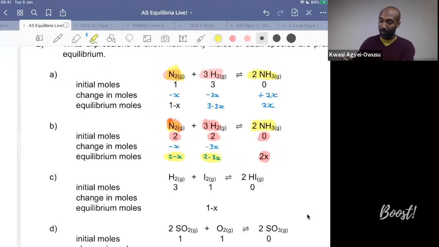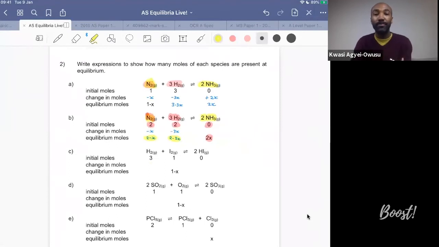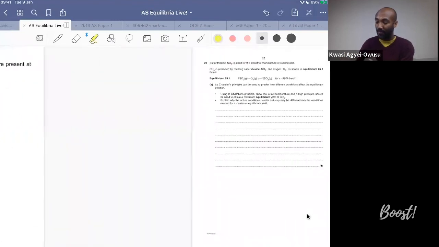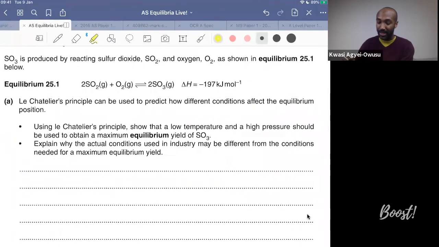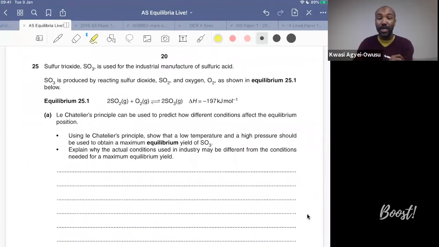Okay, so let's apply what we've just been looking at to some actual exam questions. Let's see what sorts of questions we will be faced with in an actual OCR exam. Now, this one is taken from 2016 paper 1, AS paper, and we're looking at this particular reaction between sulfur dioxide and oxygen to give us sulfur trioxide.